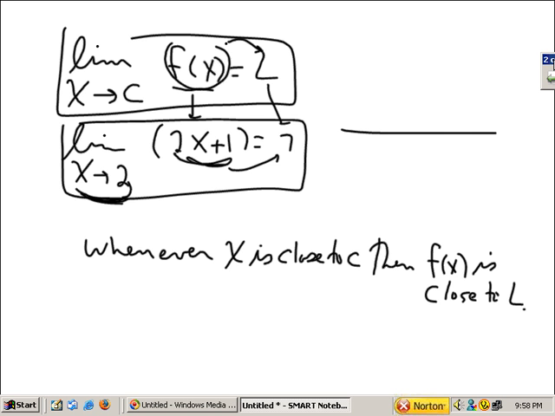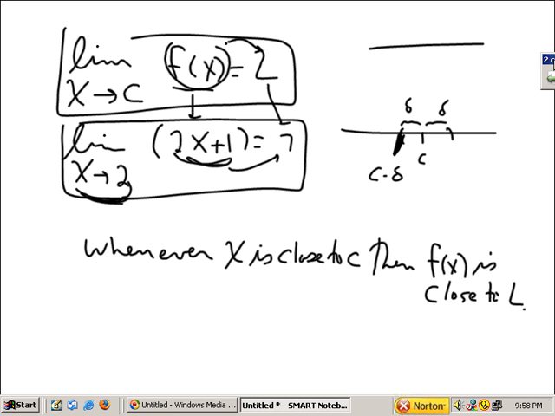Now, here is c. If x is close to c, it's around c. Call this neighborhood or length delta, and this is also delta. So this x value right here would be c take away delta.